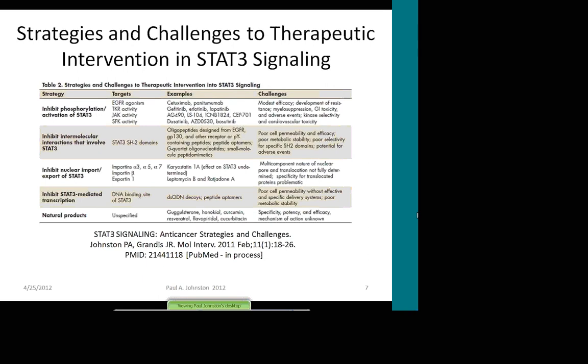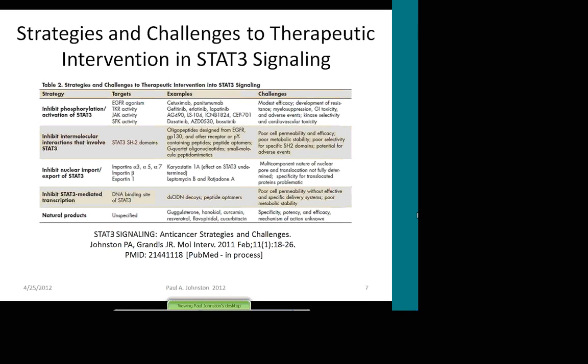However, there's modest efficacy, there's often development of resistance, and there are some challenges associated with those treatments: myelosuppression, GI toxicity, and there are also concerns about kinase selectivity and cardiovascular toxicity.